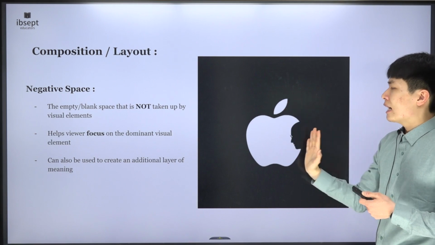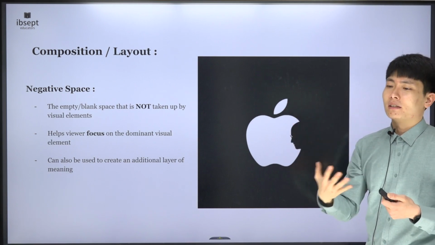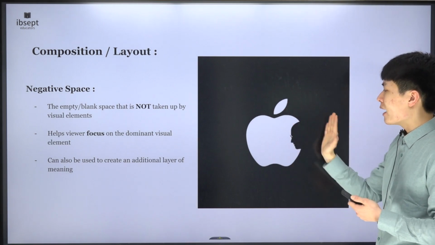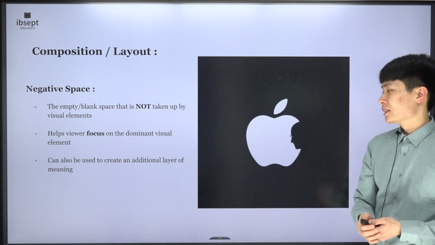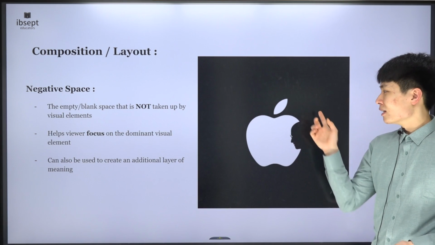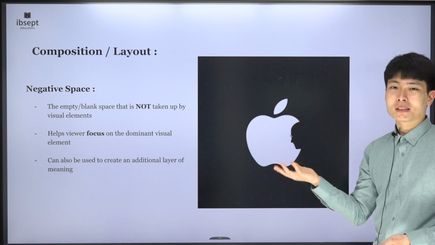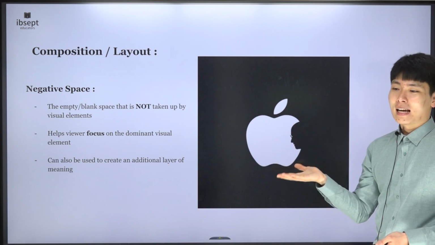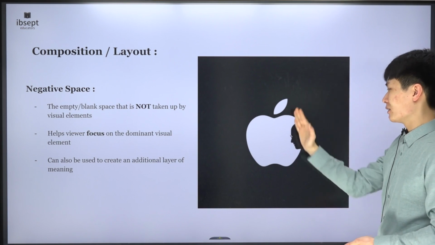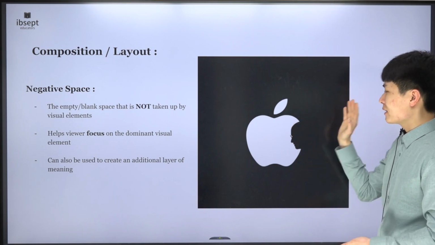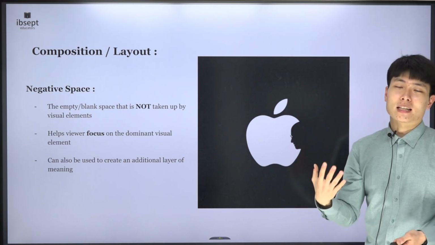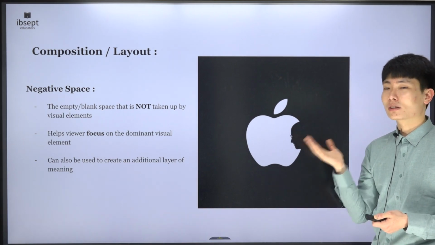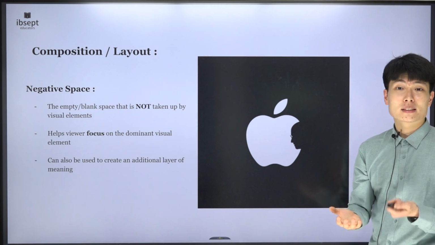So we know this is the Apple logo. What is the additional layer of meaning being created by that Steve Jobs silhouette? Well, it's very simple. It's suggesting that, if the apple wasn't bitten off, it wouldn't be the Apple logo, would it? And by having Steve Jobs' face silhouette incorporated into the Apple logo, it is suggesting that he was instrumental to the creation of the Apple brand identity.